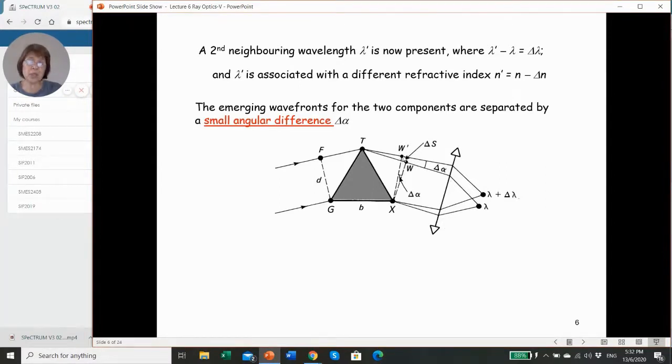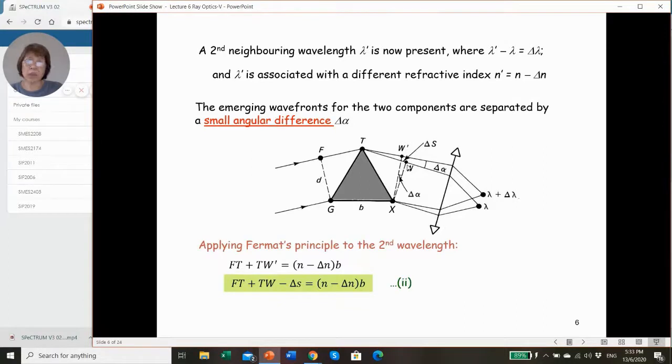And the angle between the two wavefronts associated with lambda prime and lambda will also be equal to delta alpha, such that this difference in distance here can be approximated to delta S. So the wavefronts of the two emerging beams would be separated by a small angle here, which is delta alpha.